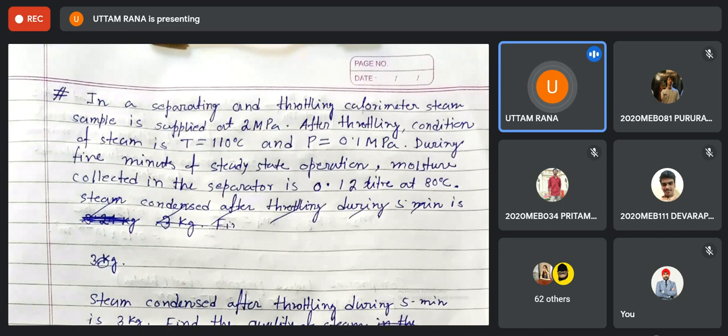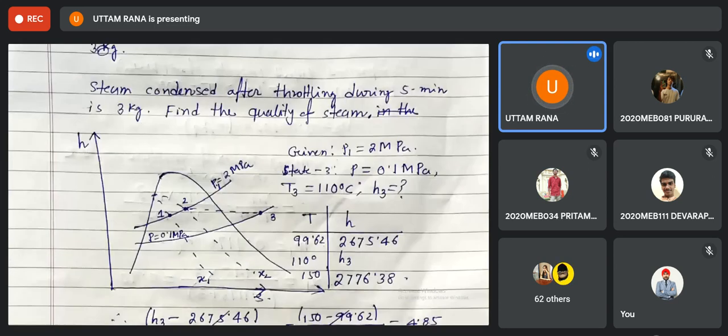Saturated, superheated, or subcooled? What is the state of the moisture collected in the separator? Its temperature is 80 degrees centigrade and pressure is 2 MPa. What will be the state?